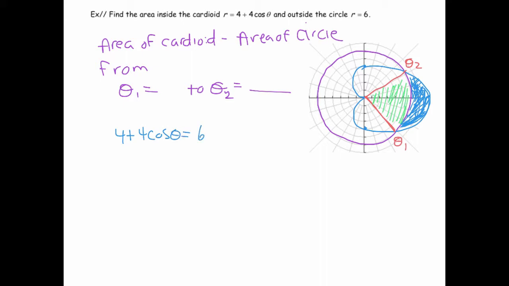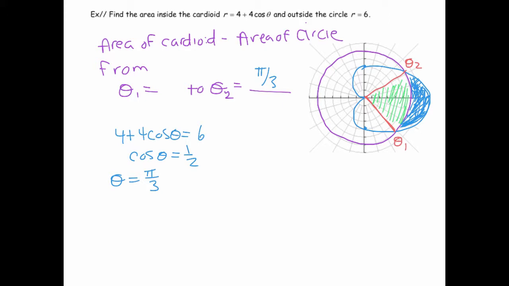Solving for cosine of theta gives cosine of theta equals 1/2. And so cosine of theta equals 1/2 at pi over 3. So that's definitely what we could call the angle 2, pi over 3.